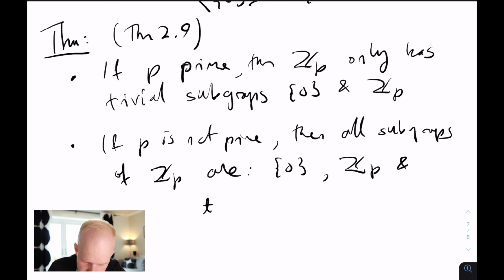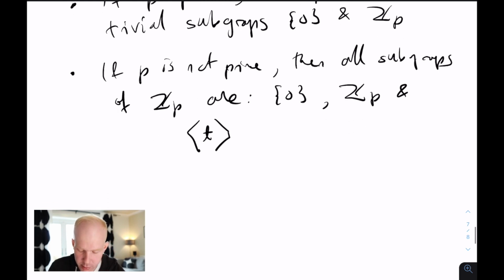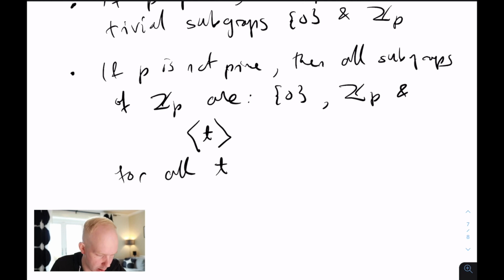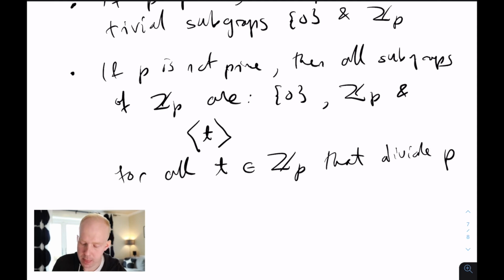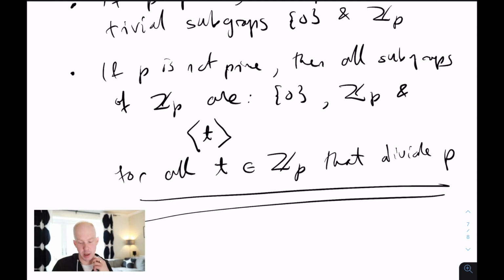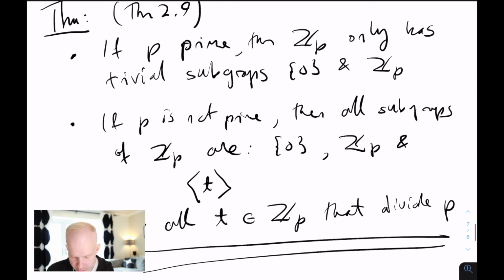So basically, using this notation, these are generated by single elements t in ZP that divide P. There will be many elements in there, but of course the ones that divide this specific number. That's why in the prime case you don't have any of these. The only options are just these two. But when you don't have a prime, then you also have the subgroups generated by a single element.